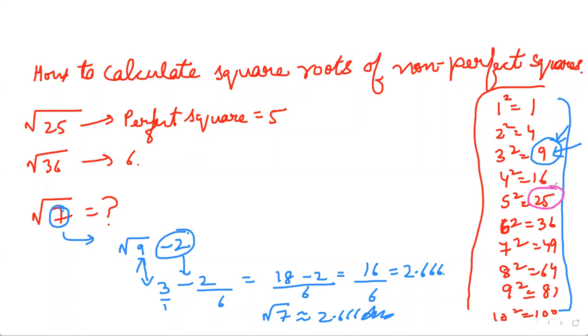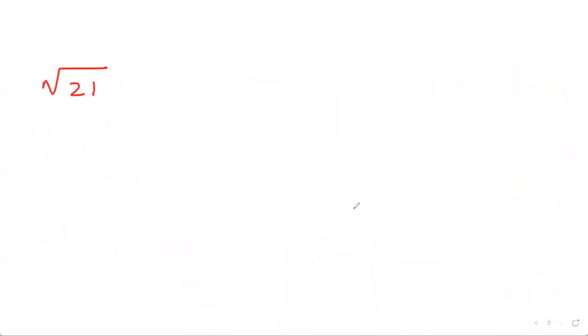And the point to be noted is you can also write 16. 16 is also nearer to 21 and 25 is also nearer to 21. Either you choose 16 or 25. It is up to you. So I am choosing 25. Okay. So I can write 21 as 25 minus 4.